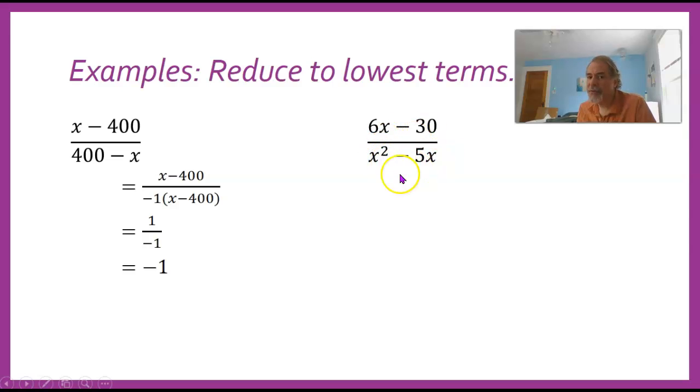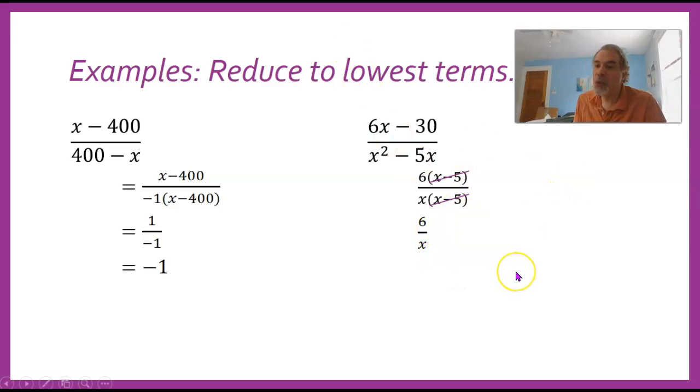The greatest common factor there I can pull out is x. So the top factors into 6 times x minus 5. The bottom factors into x times x minus 5. And do you see what we can cancel? The x minus 5s. So after we get those out of the way, we have simplified to 6 over x.